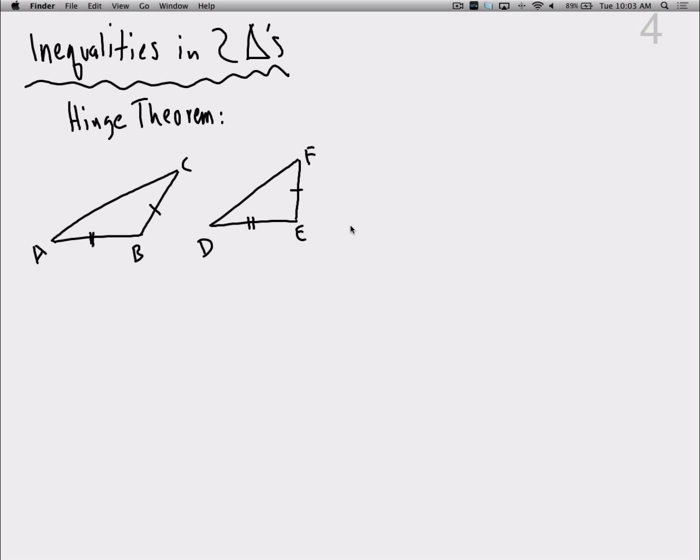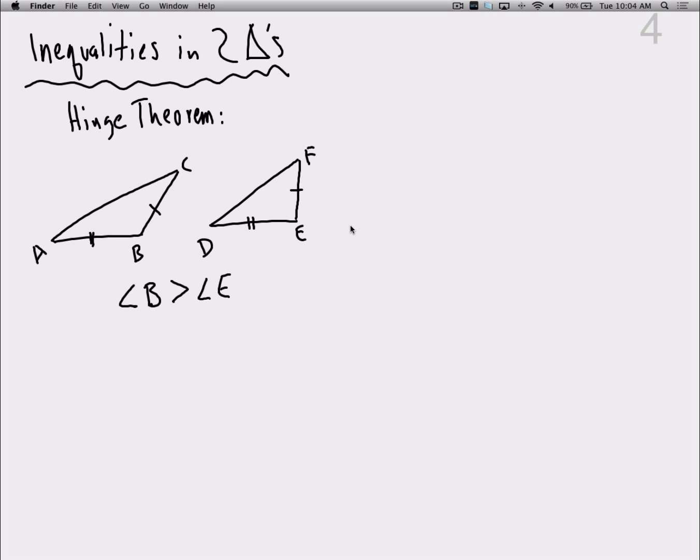So going back to what we did with congruencies, if I knew that angle B was congruent to angle E, then the triangles would be congruent. We're not dealing with congruent triangles here. We're dealing with the Hinge Theorem. So now that we've established that, we get an inequality statement: angle B is greater than angle E. That's given information.